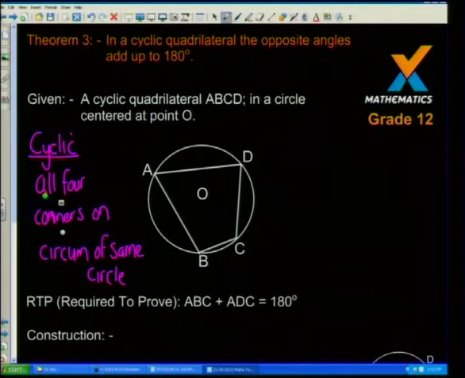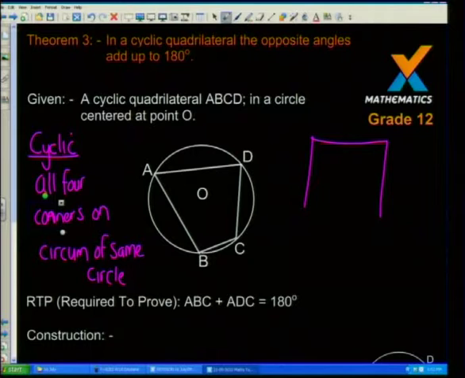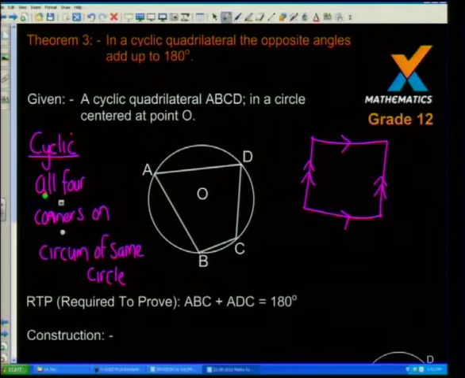Now I want you to dig deep into your grade 10 syllabus, where if you have a special quadrilateral called a parallelogram, the opposite angles are equal. So let's say that's 70 and that's 70, then this would be 110 because of co-interior angles, and this would be 110 because of co-interior angles.